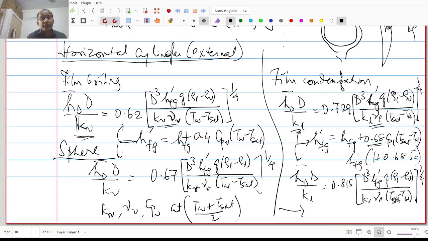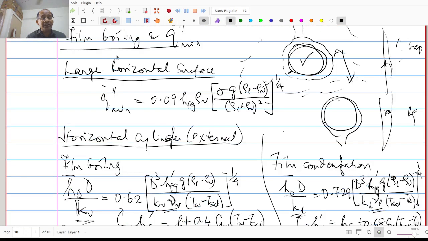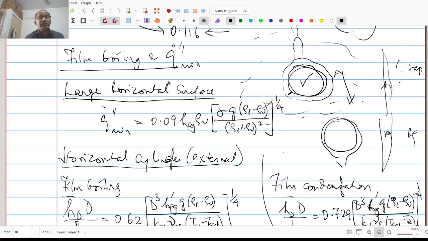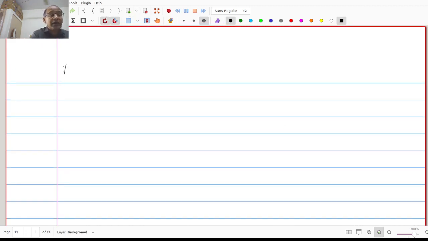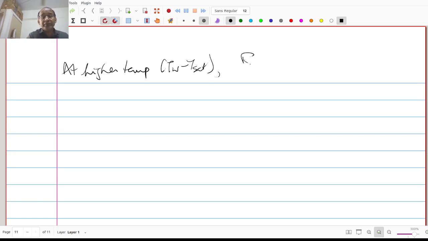Now, one thing that we need to understand in studying film boiling is that beyond a certain temperature difference, T_1 minus T_sat, radiation starts taking precedence and becoming important. So at higher temperatures, T_1 minus T_sat, radiation is important, so we need to include radiation.